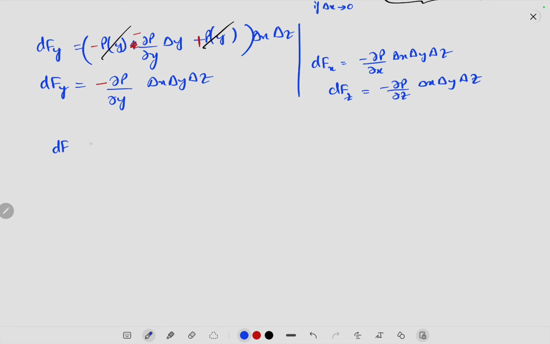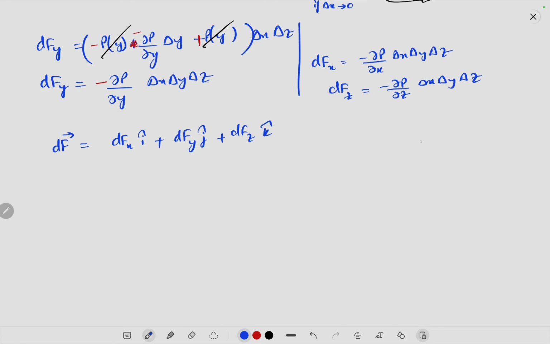So the total force dF vector would be dFx i hat plus dFy j hat plus dFz k hat, with i hat the unit vector along the x-axis, j hat along the y-axis, and k hat along the z-axis.